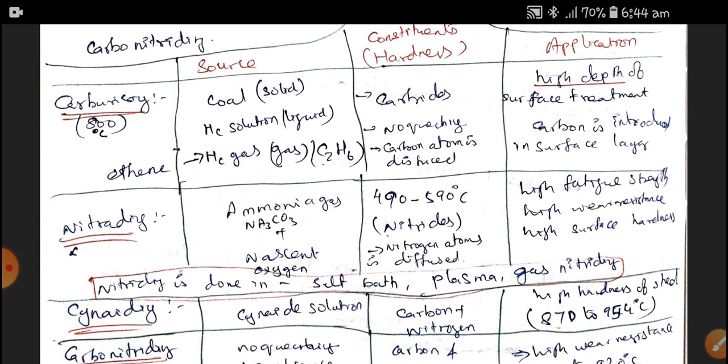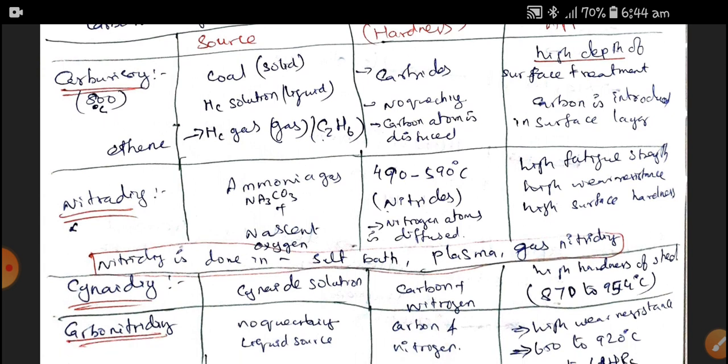This nitrogen is diffused in the surface of the material. Therefore, high fatigue strength, high wear resistance, and high surface hardness can be achieved. This nitriding is done in salt bath as well as plasma and gas nitriding processes.